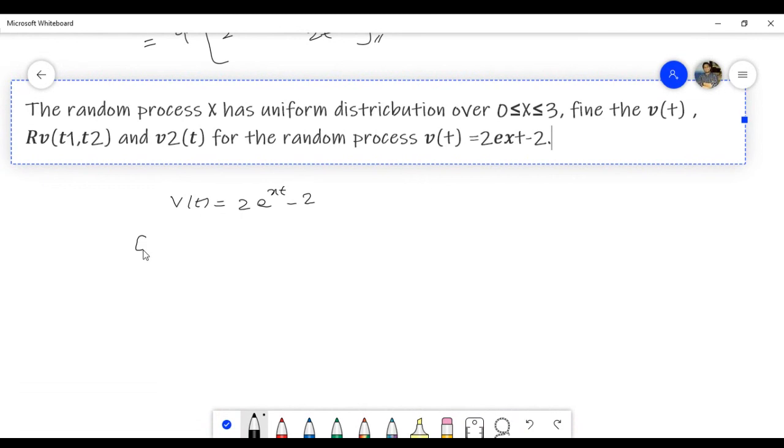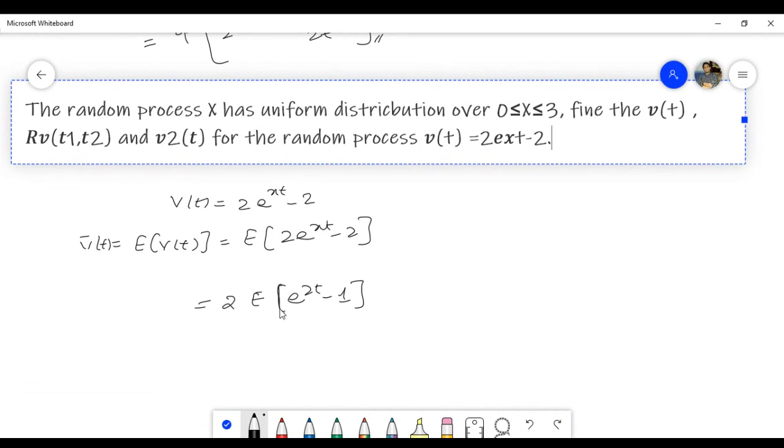What is the mean? Mean is equal to v bar of t, which is the expected value of v of t, the expected value of 2 e power xt minus 2. I can write 2 common outside, the expected value of e power xt minus 1.